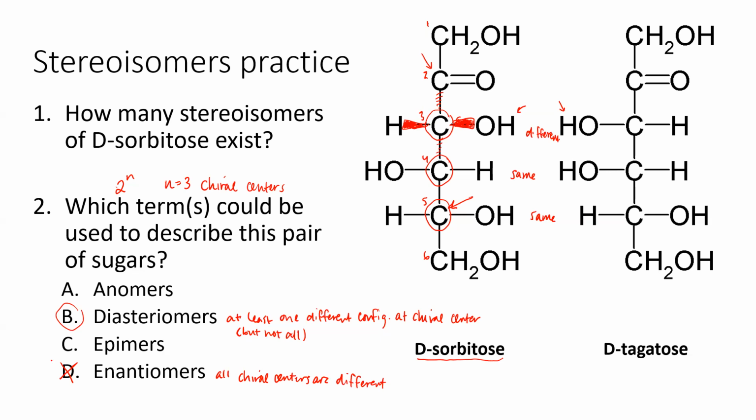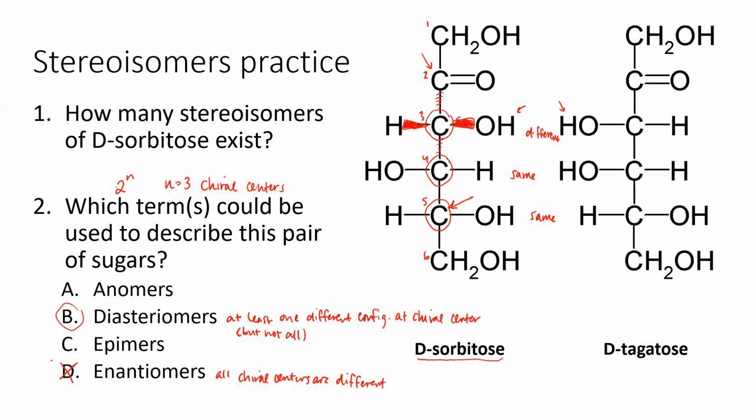What about epimers? What's the definition of an epimer? And is that what we see here? An epimer differs on one chiral center, which this one has two, which I think would make it not an epimer. So for this one, two of them are the same and one is different.